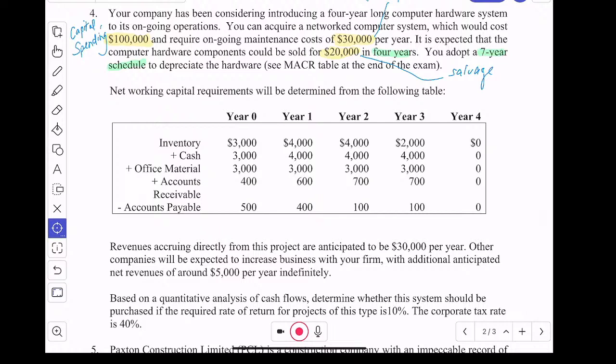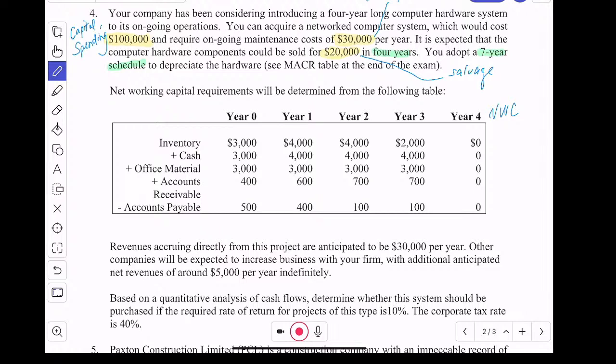Okay, and then here, what's all this? We refer to this as net working capital. Once we combine in all the figures, this is working capital.